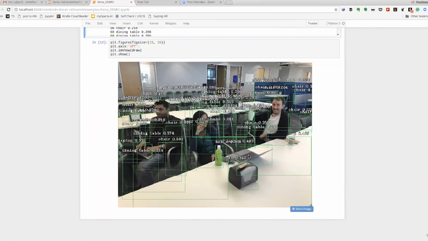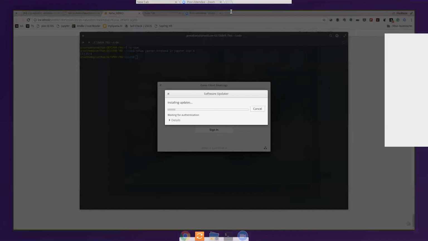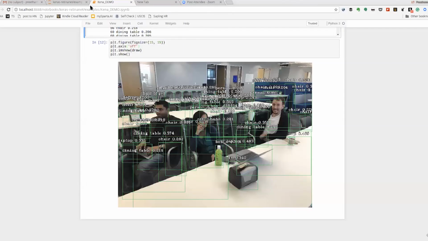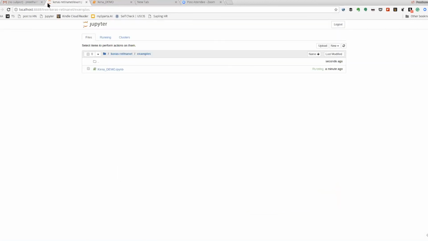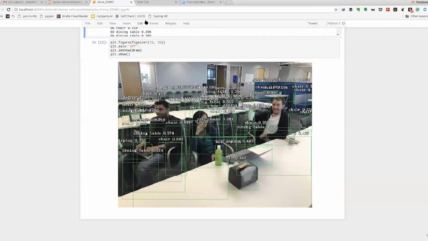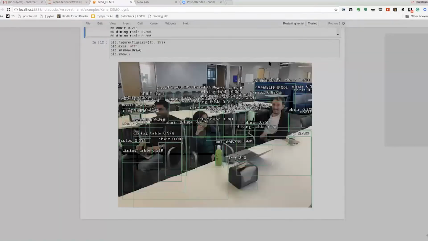It is a 50-layer neural network, 70 classes. Just if you're interested, this is a last example. I asked my son to do something, to trick it.